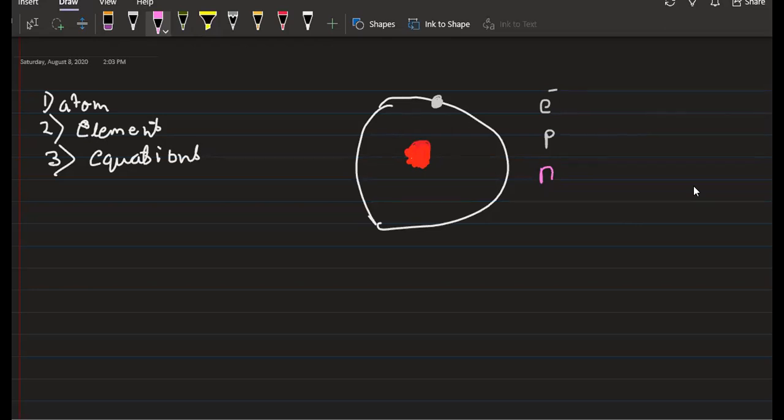Then you should ask, okay sir, you said that atom is the smallest unit of any substance, right? But it should be electron, proton, neutron, right? Because atom is composed of electron, proton, and neutron. So the smallest unit should be electron, proton, neutron. Why is it atom? Tell me why it is atom.